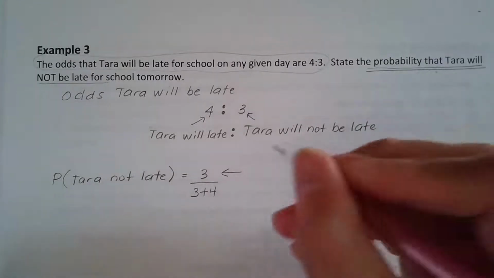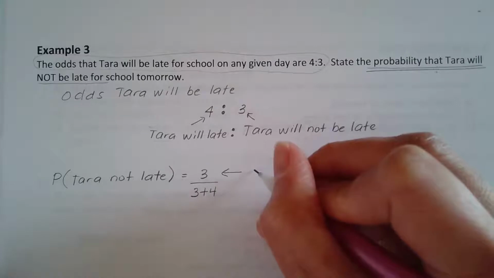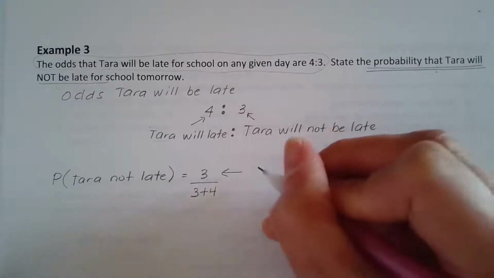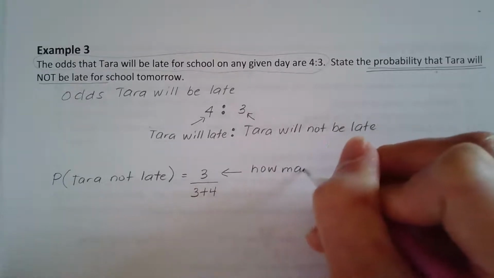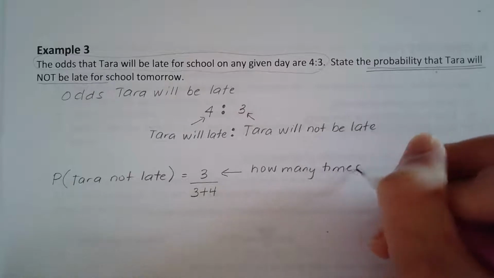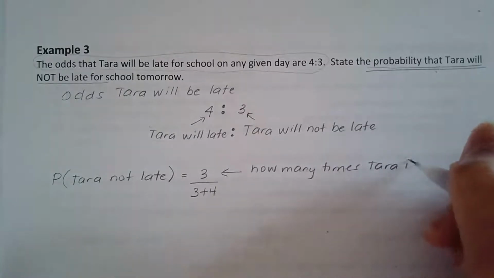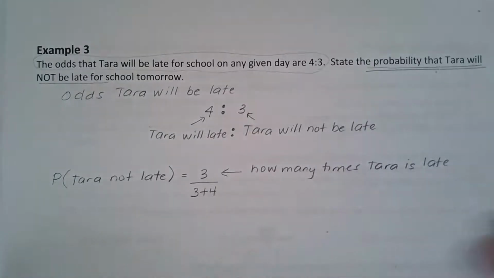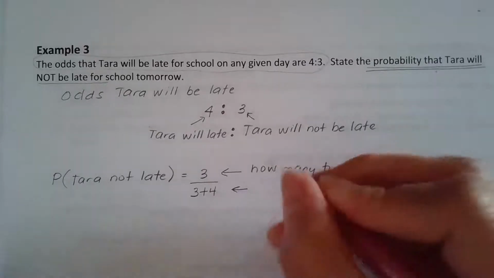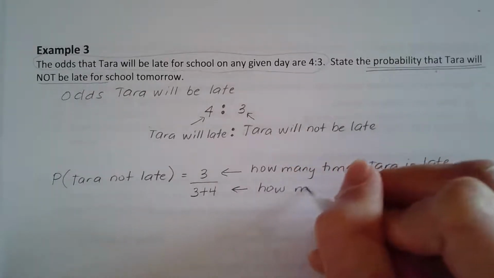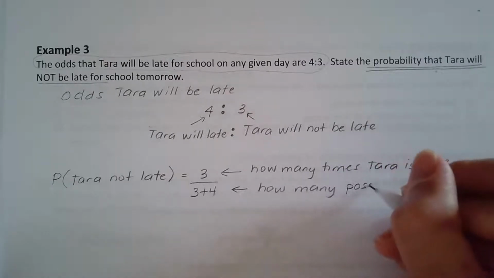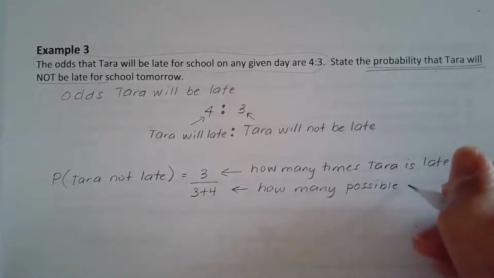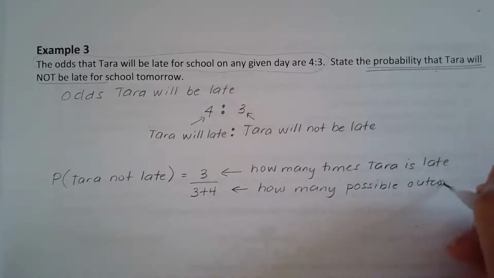So 3 plus 4 would be all of the possible outcomes. The 3 would be how many times Tara is not late, and then these here would be how many possible outcomes altogether.